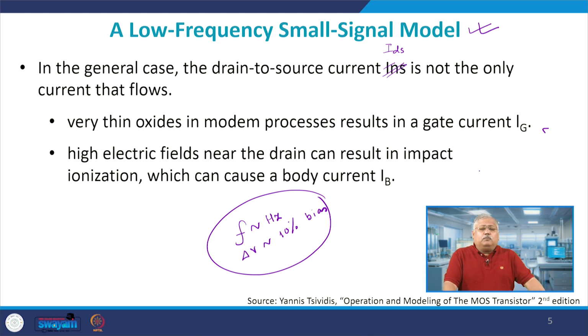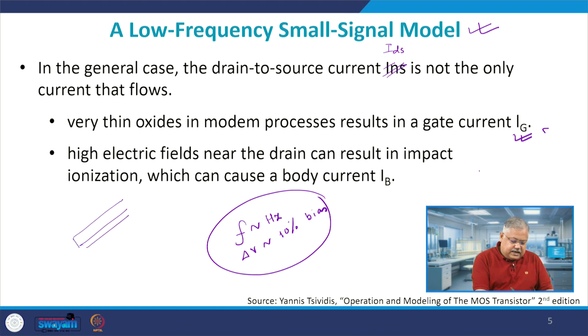Now, in most of the cases, we will assume that the only current flowing in the device is basically the drain to source current. However, when you go to very advanced process nodes where your oxide layers are very thin, you will also have a gate current. Why gate current? Because if the oxide layer is very thin, and you apply a gate voltage on the metal side, then there is an electric field across these dimensions.